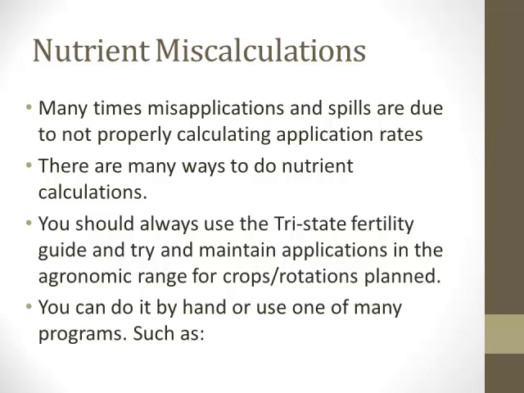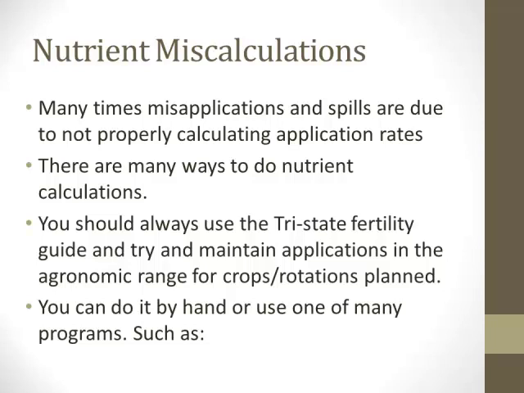And we should always be using the Tri-State Fertility Guide for the application rates. I know you can apply up to 150 parts per million using some of these phosphorus assessment limitations, but we don't want to be using those on a regular basis.